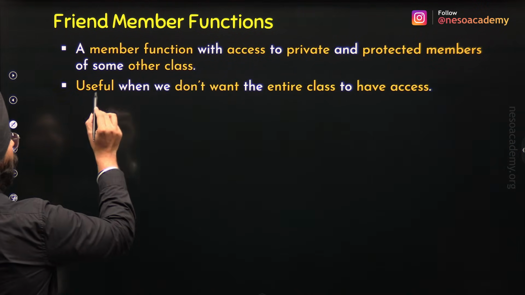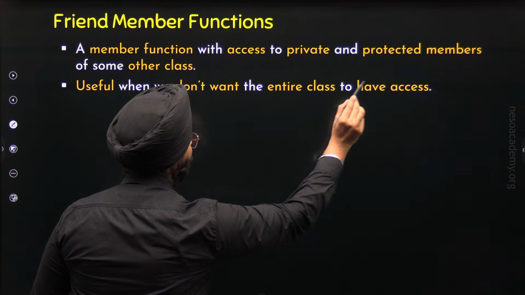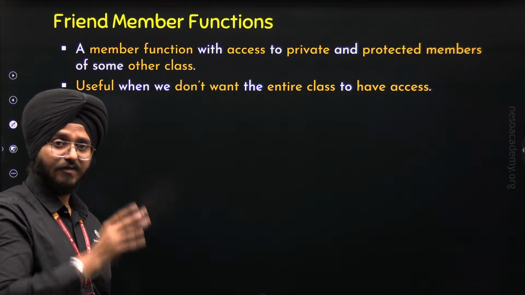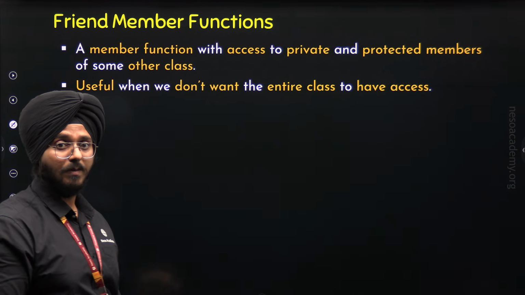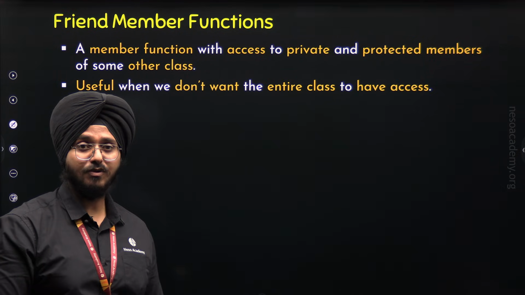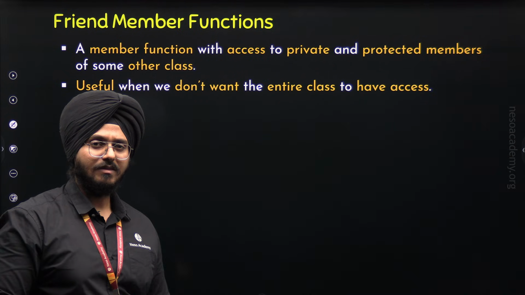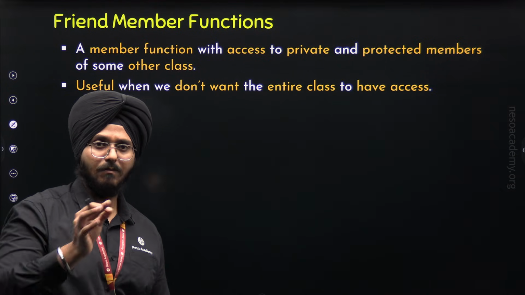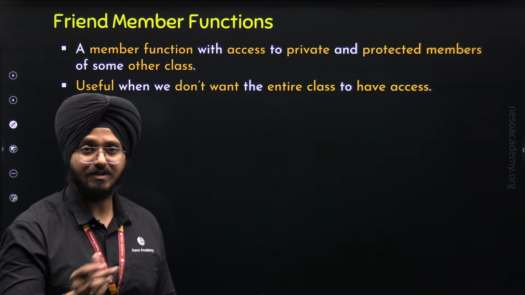Also, it is useful when we don't want the entire class to have access. We know that when we define a friend class, then the entire class has access to the private and protected members of the other class. But what if we want that only the specific member functions of the class should be able to access private and protected members of the other class?